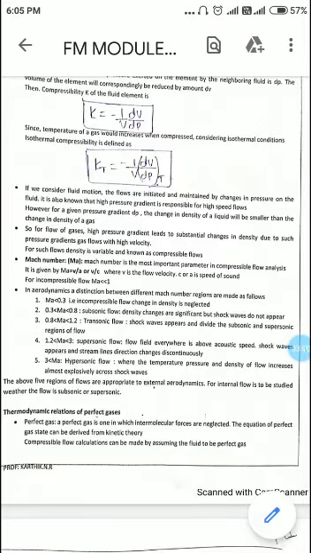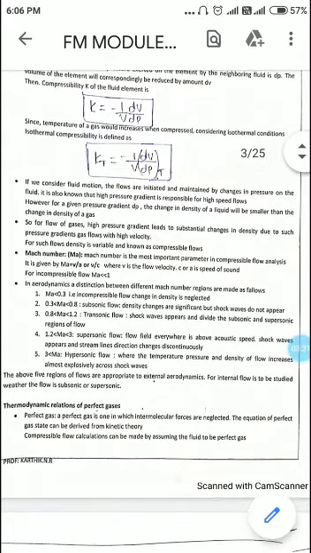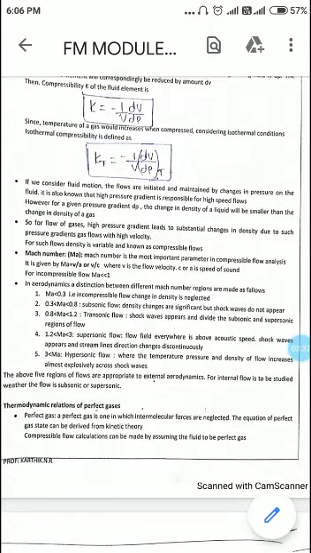The shock waves appear and divide the subsonic and supersonic regions of flow. Similarly, when the Mach number is between 1.2 and 3, this type of flow is called supersonic flow. During supersonic flow, the flow field is everywhere above the acoustic speed. Shock waves appear and streamline direction changes discontinuously.